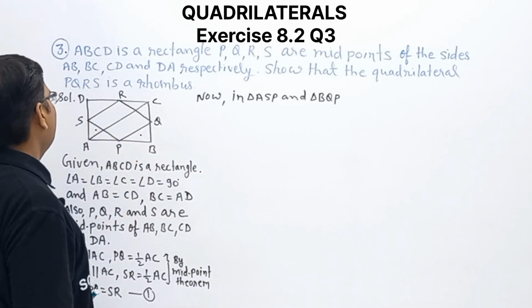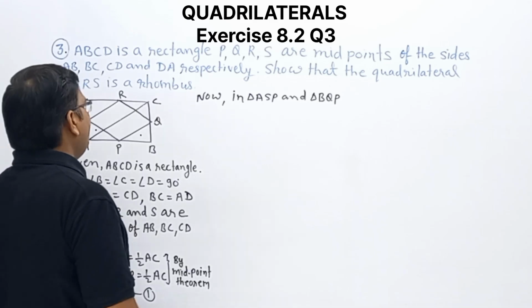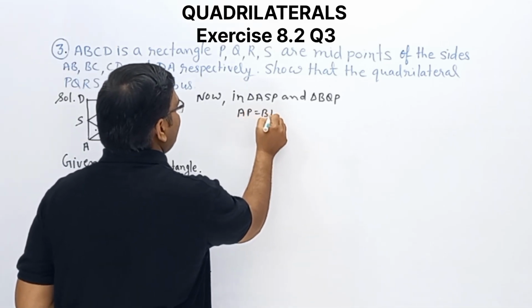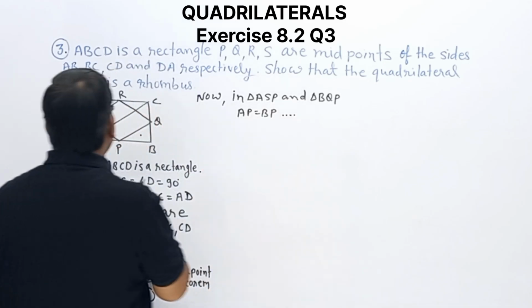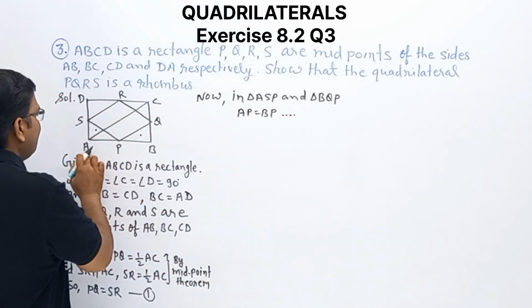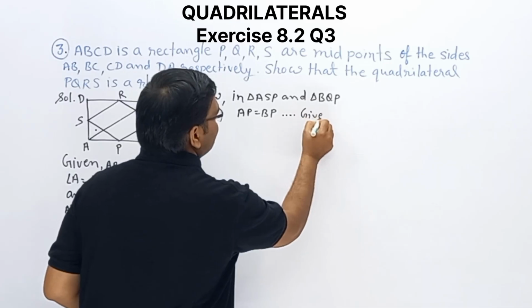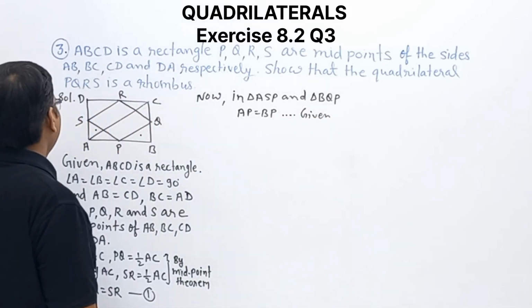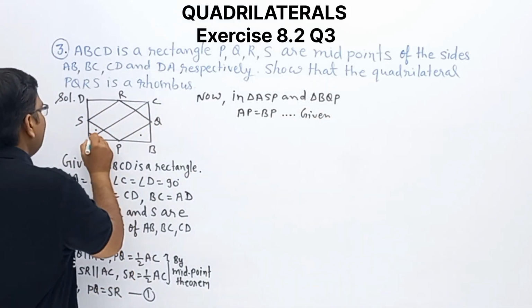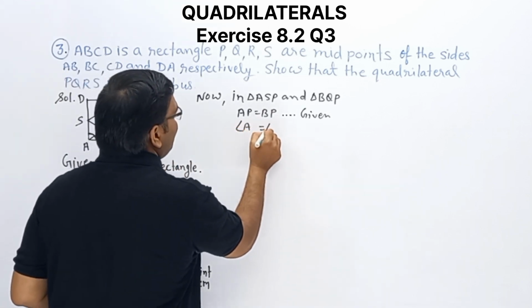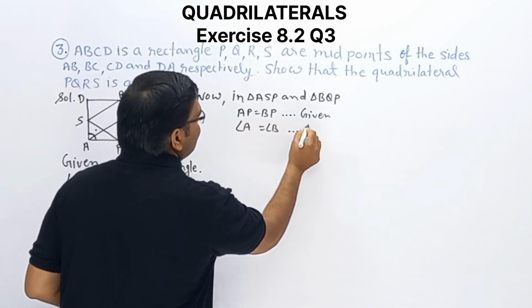In these two triangles, AP equal to BP. P is the midpoint, so we can say AP equal to BP. This is given. Another thing, this angle equal to this one. Yes or no? Angle A equal to angle B equal to 90 degrees.